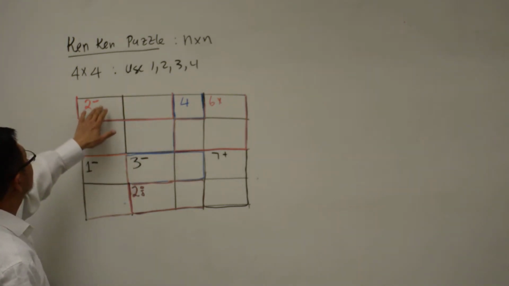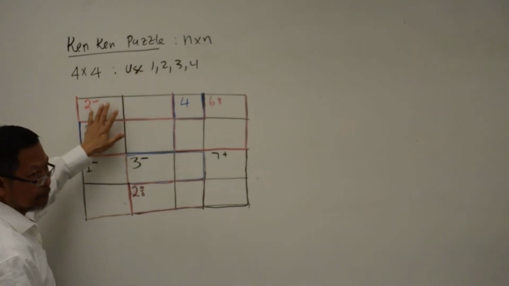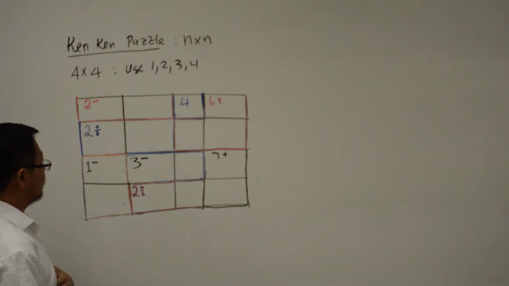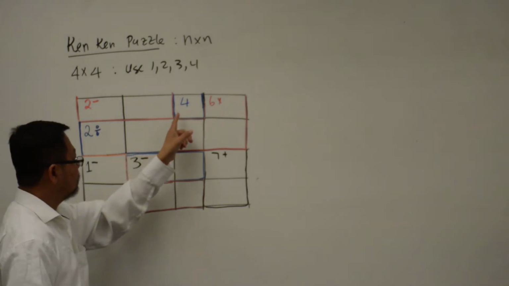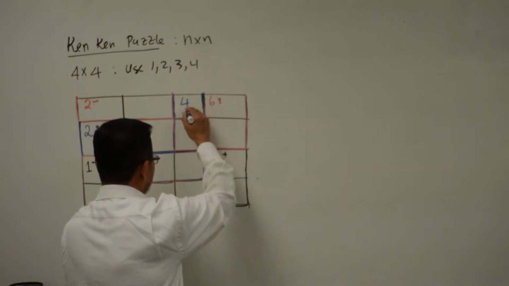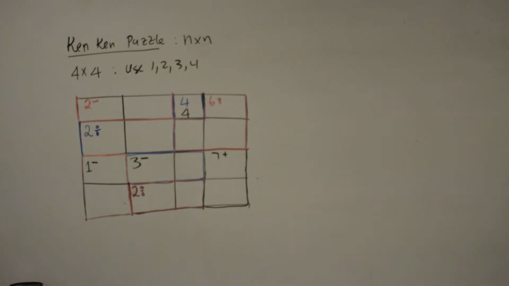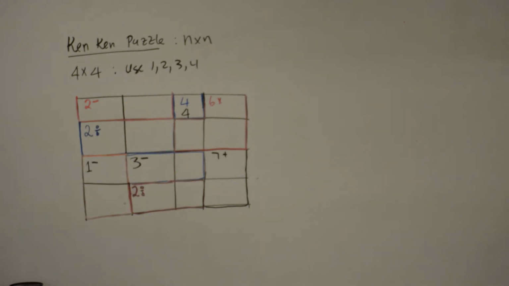So let's say 2 minus, what numbers from 1 to 4 can subtract to get 2? So 4 here is given already. And then you cannot repeat any number in a row or column. But you can repeat in the cage, just not in the row and column. Okay?